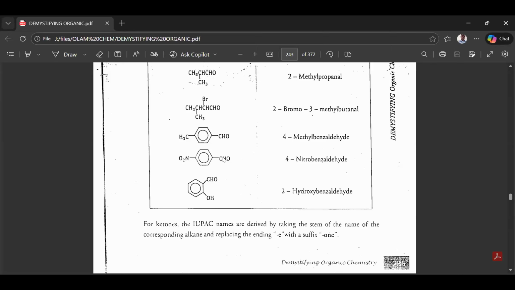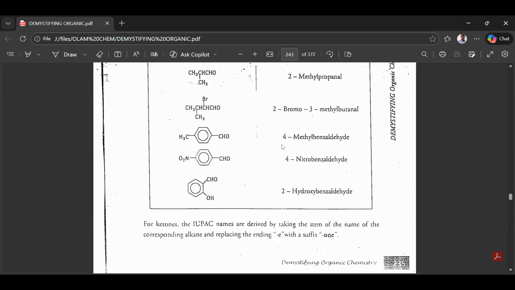When you are naming an aldehyde which has 2 groups attached, or any other group attached, make sure you identify the locant numbers. But you identify the locant numbers while giving the functional group of aldehydes position 1.